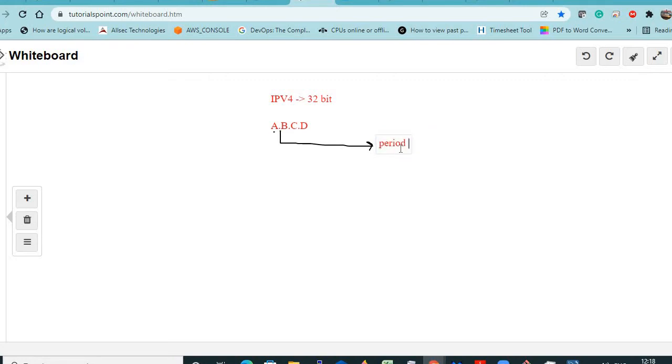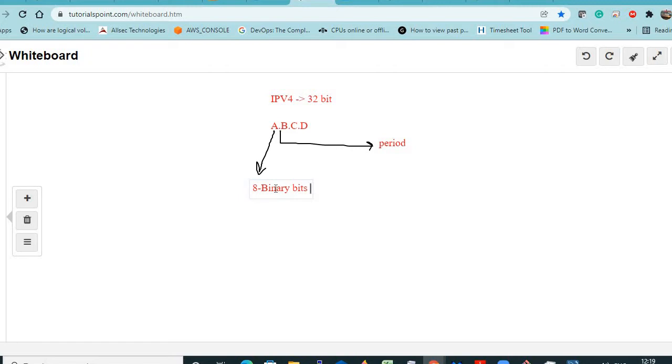Dot is called the period, and every part is called an octet. Why octet? Because each octet has 8 binary bits. Each has 8 binary bits.